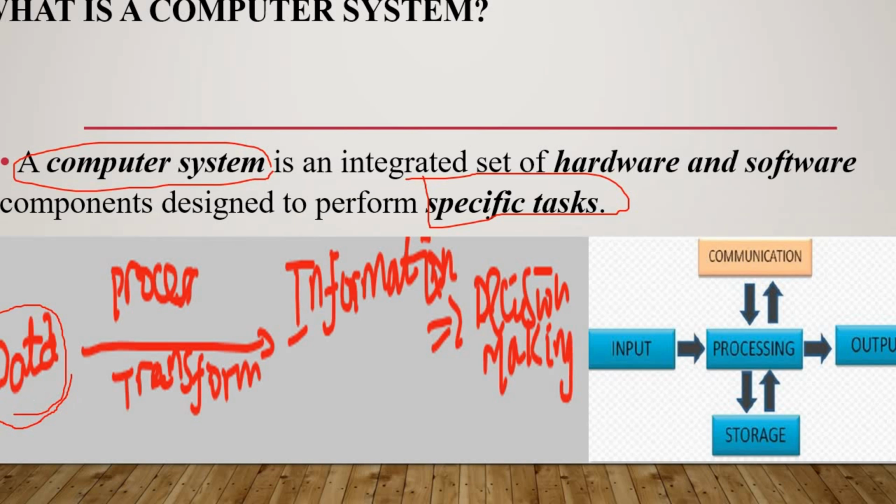Then there is someone in between, which according to the computer system architecture we call a processor, that will help us process and transform this data into meaningful information, such that this output could help and give insight for a meaningful decision-making process.